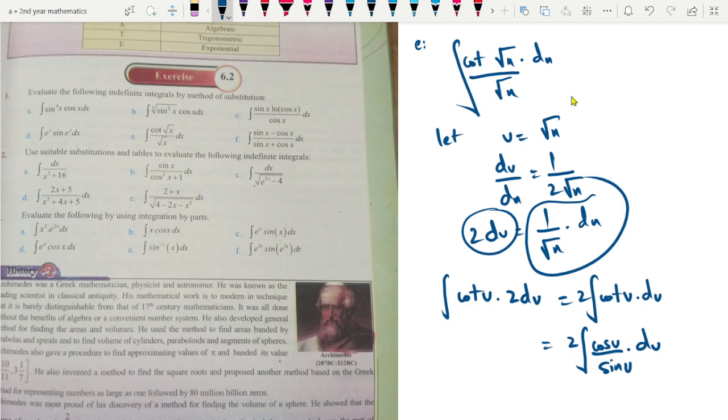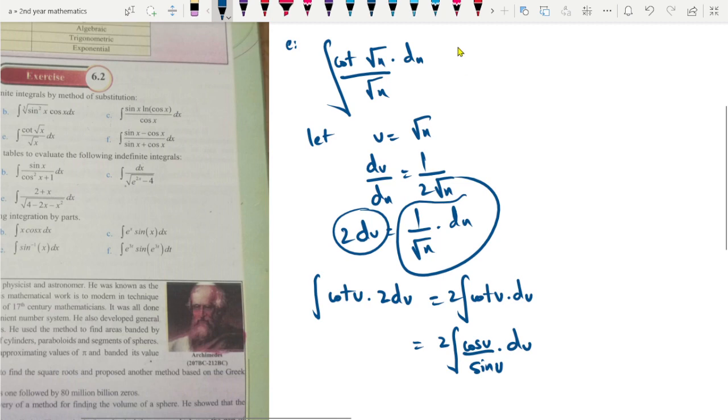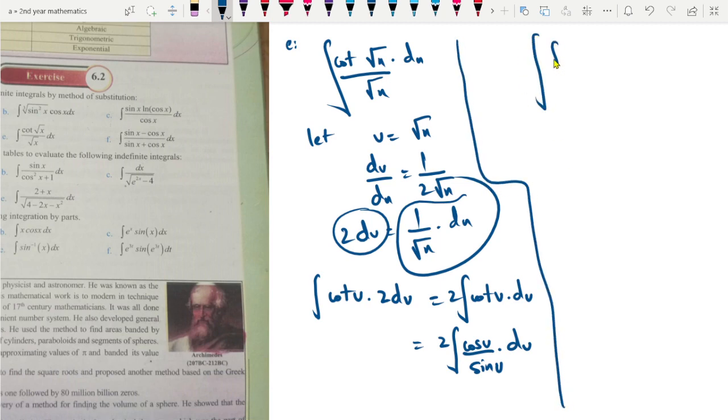So we know that we have a formula like this. If you have f'(x) in the numerator and f(x) in the denominator, the integral of this is natural log of f(x). So when you have f(x) and here you have f'(x), the derivative of f(x), then the integral is natural log of f(x).